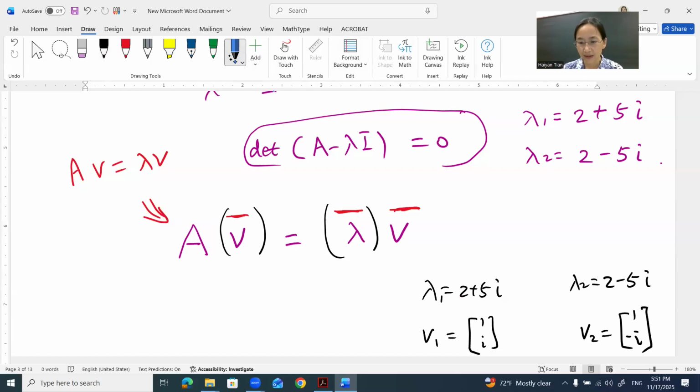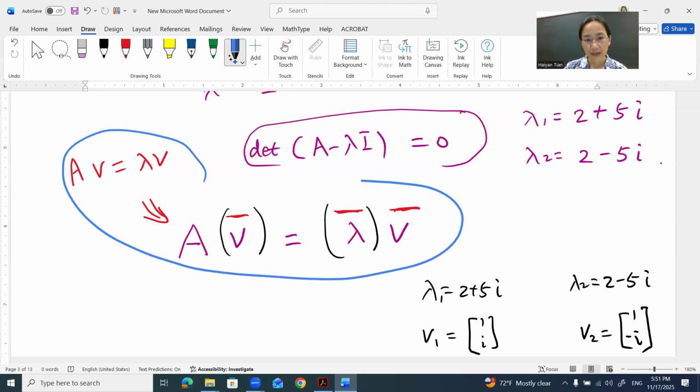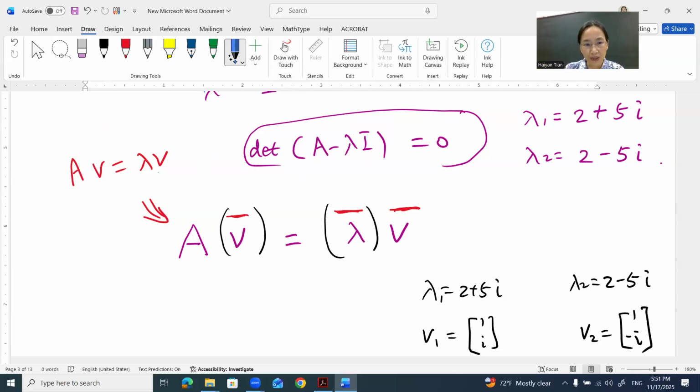That is just what was indicated: whenever lambda is an eigenvalue, then lambda bar is also an eigenvalue, and when V is the eigenvector corresponding to lambda, then V bar must be the eigenvector corresponding to lambda bar.